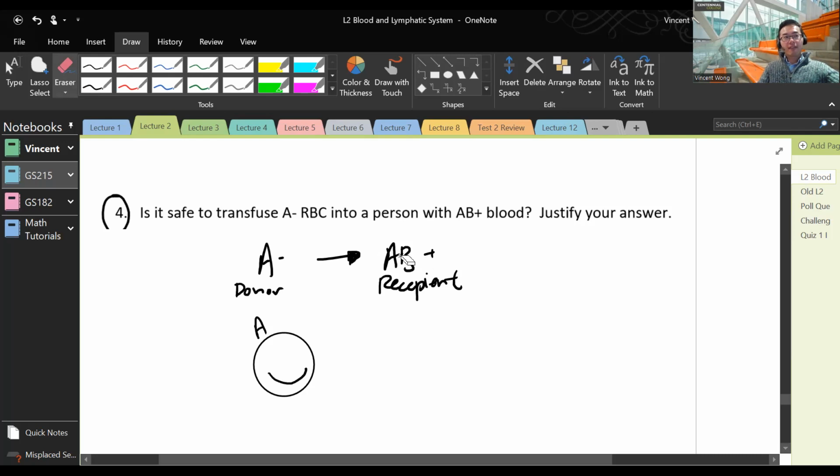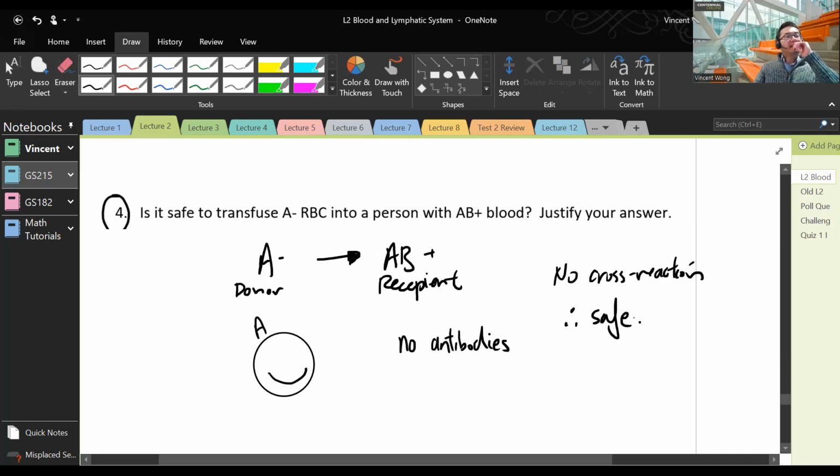Well, they're not going to have anti-A because they will end up attacking themselves. They will not have anti-B, and then they will not have anti-RH. So no antibodies for these blood groups, which means if you do the transfusion, there is no antibodies that will recognize the A on the surface. There is no cross reaction. Okay, no cross reaction. Therefore, safe. Does that make sense?